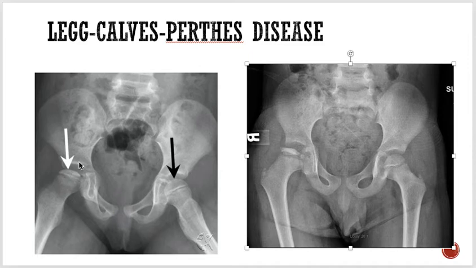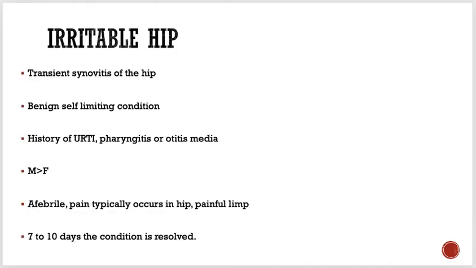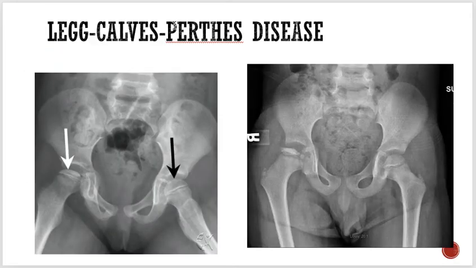Now, guys, remember, Legg-Calvé-Perthes disease is more common in boys. Which age group gets this one? 3 to 10 years of age. It presents in the same way with limping or hip pain or knee pain. I told you hip pain is referred to the knee. And we can miss this condition if we do not go for X-rays.